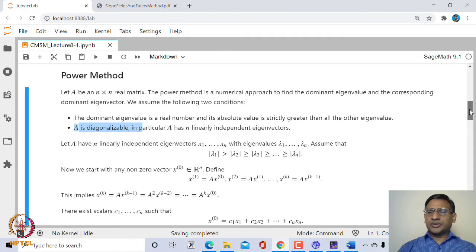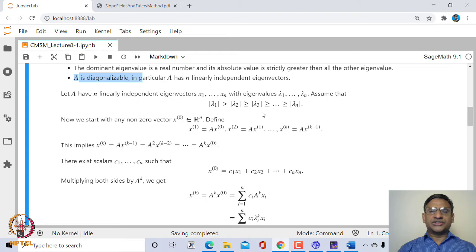Now, what we do is we start with a non-zero vector x0. You can start with a unit vector or with some vector whose dominant entry, the maximum value of the entries, is 1. So, let us start with a non-zero vector x0 and define x1 equal to A times x0, similarly x2 equal to A times x1 and so on.